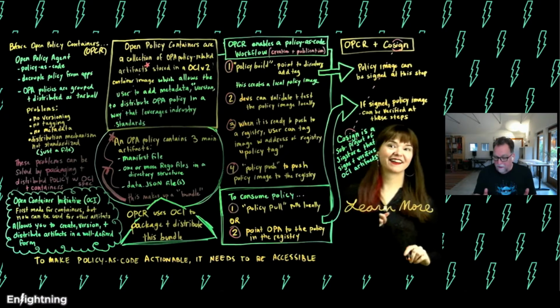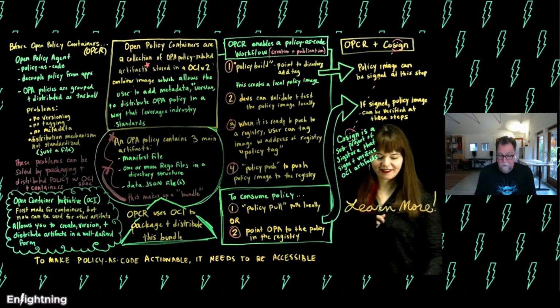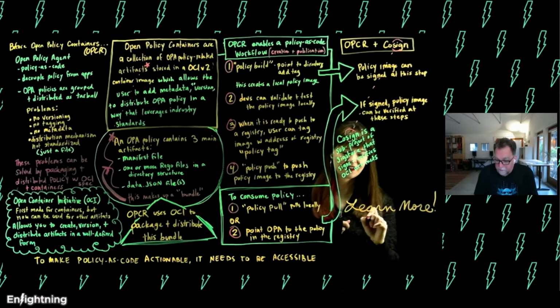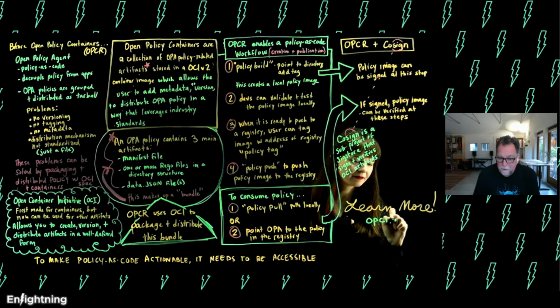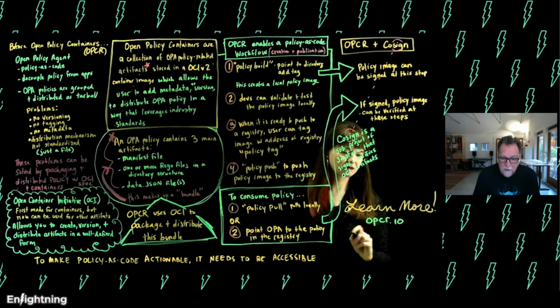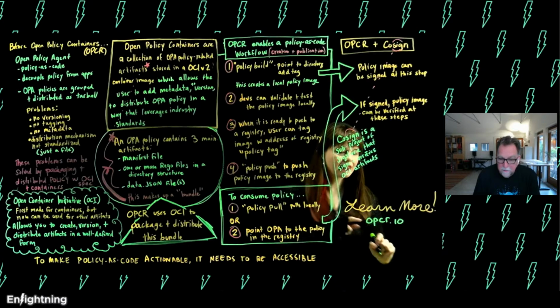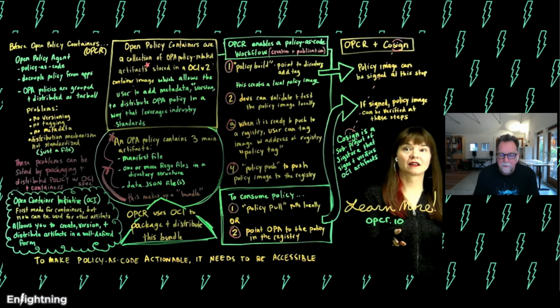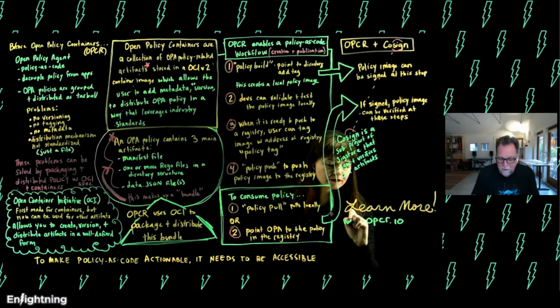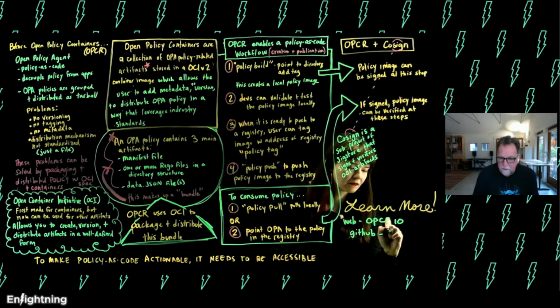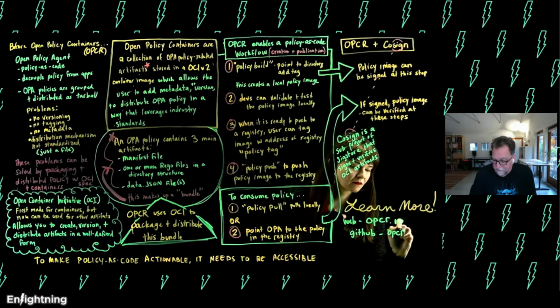Our GitHub org is also called OPCR-IO, with a dash in the middle. That's your regular website, and the GitHub site is github.com/OPCR-IO. That's where you will find all the code.